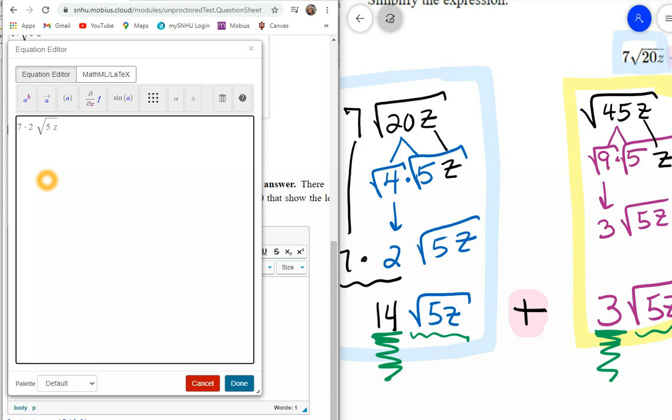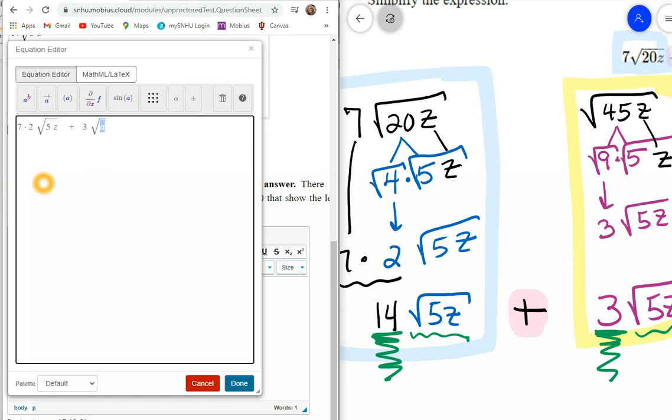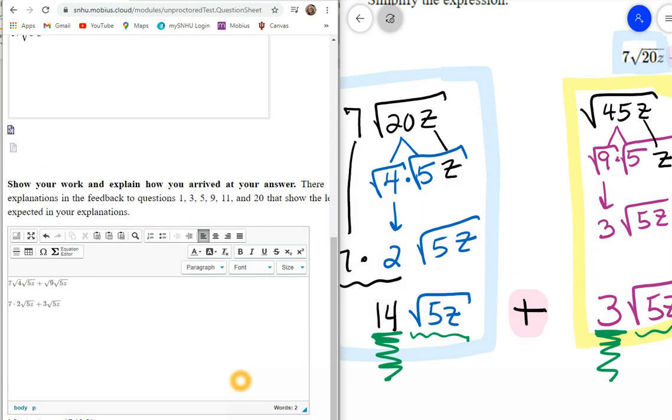Otherwise, that radical goes with you. Plus, space, space. And then I'm going to go 3. I think you're getting the idea of this, right? It's a little tedious. And then 5z, and then I have to hit done again because it won't let me do a return when I'm in equation editor, but I can return here, and then I type in 14 and so on.